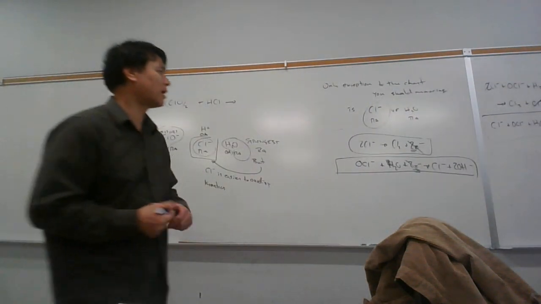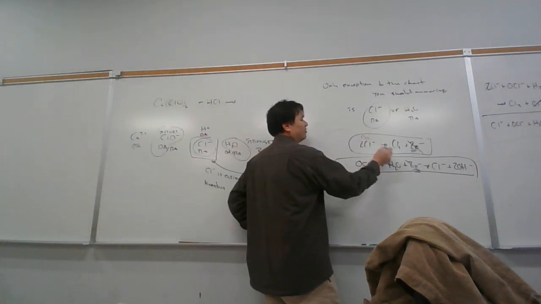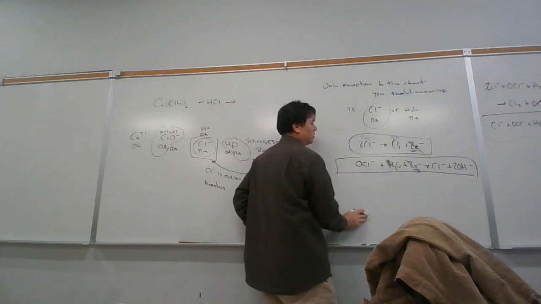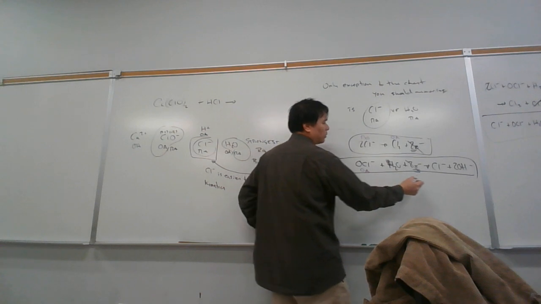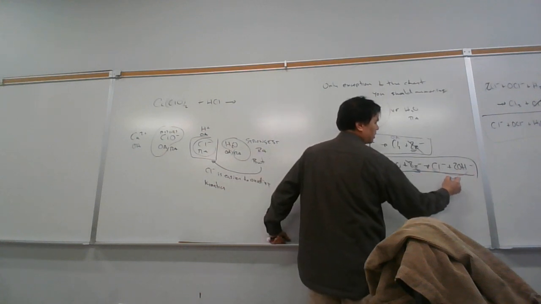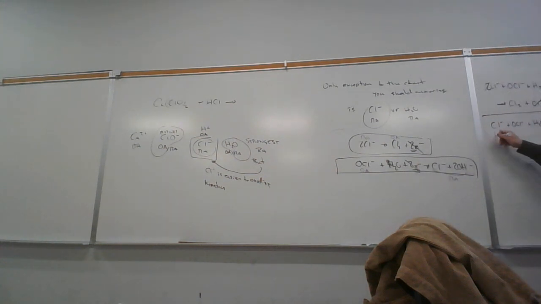So if we take a look at the half reaction, chloride is our reducing agent, and therefore chlorine must be our conjugate oxidizer. Hypochlorite is our oxidizing agent, therefore chloride and hydroxide must be our conjugate reducing agent. And so over here, this is our reducing agent, and hypochlorite and water, this is our oxidizing agent. Chlorine will be our oxidizing agent in the reverse, and hydroxide will be our reducing agent in the reverse here.